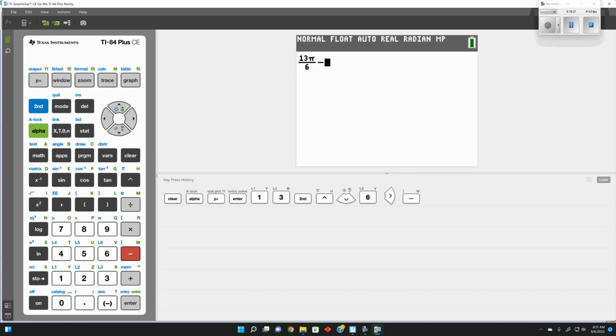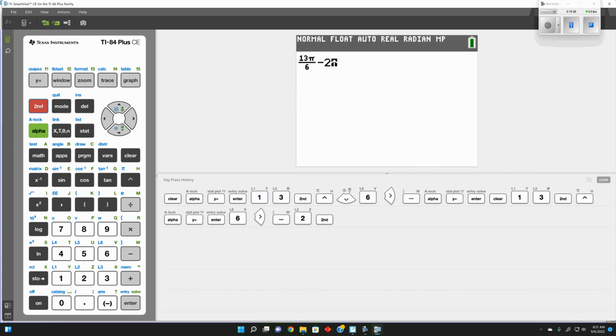And if I want the negative angle, we can subtract. Sorry, 13 pi over 6. Now we're just subtracting 2 pi from it. I don't know why I wanted to try to do a fraction. All we need to do is subtract 2 pi from it.